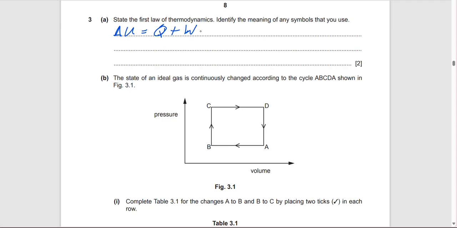Then you can just explain the symbols. Delta U, change in internal energy. And then Q, heat supplied by heating.